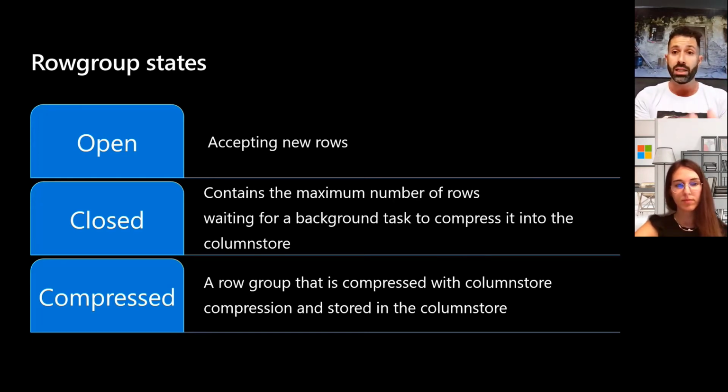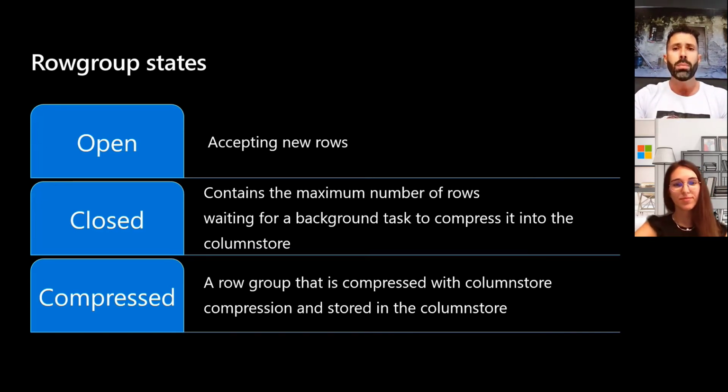I have reached my limit, it's 1 million, and I'm waiting for a back-end task to compress my data. And we also have compressed. Okay, now you definitely have your column store index. It's important to understand because we have seen a lot of issues on it. So I will cover it in my demo. Let's just wait one more second.